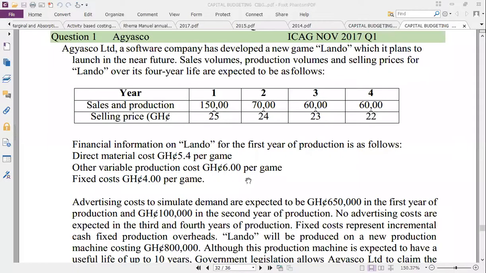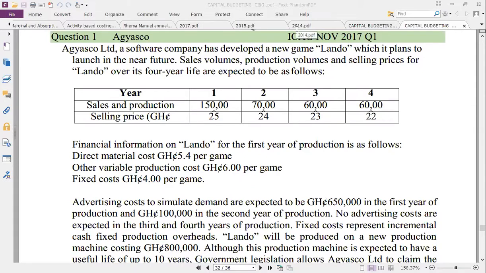They are saying that direct material cost is 5.40 per unit. Other variable production cost is 6 Ghana cedis. So what will be the total variable cost per unit? That will be 11 cedis 40 pesewas. So you pick each of the units, then you multiply by 11 cedis 40 pesewas to get the total variable cost. So 150 by 11.40 gives 1,710.